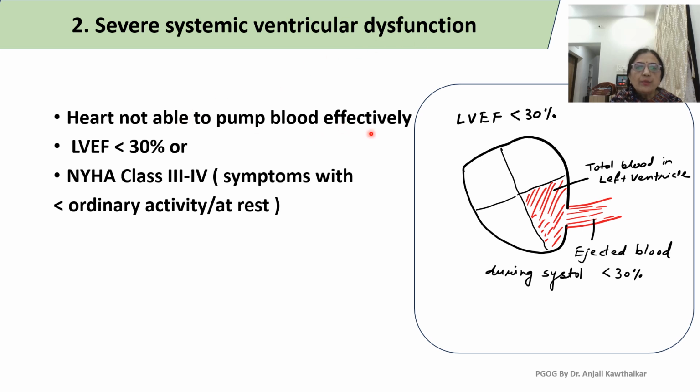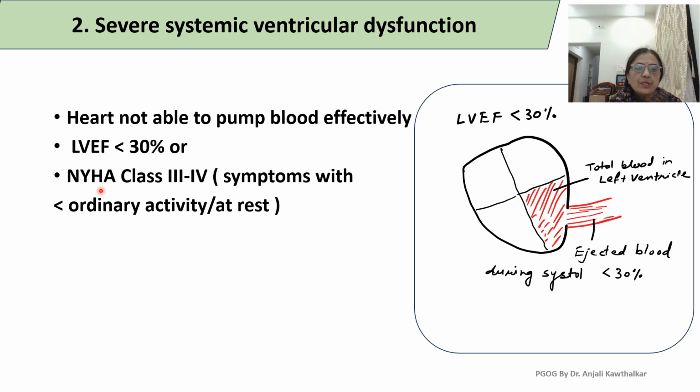The heart is not able to pump the blood effectively in these cases. Whatever total blood is present in the left ventricle, how much the heart is able to pump out with each heartbeat, that is, how much is getting ejected during systole, is the ejection fraction. If the blood getting pumped out is less than 30%, that means left ventricular ejection fraction is less than 30%, which is indicative of severe systemic ventricular dysfunction.